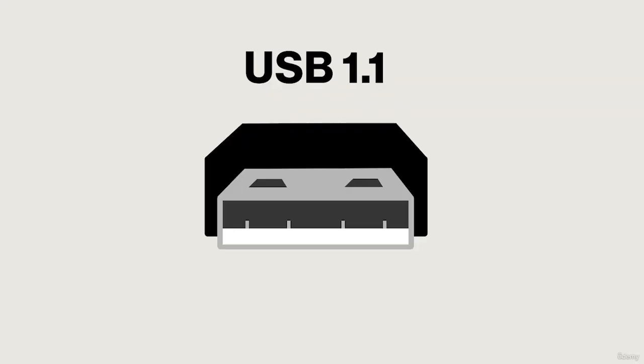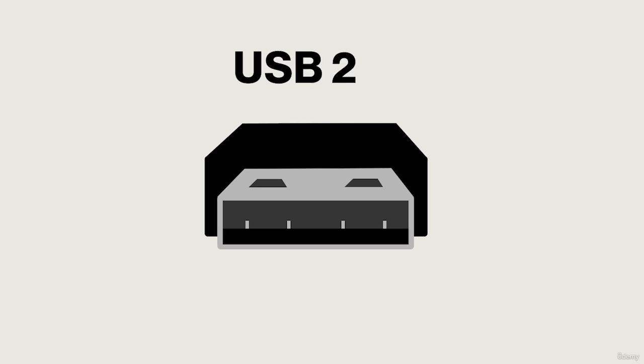So let's go through all of these different colors. First, if you ever see a USB port or a connector with a little bit of a white tab in here, in this particular example I'm using USB-A, that is probably going to be a USB 1.1 compatible port or connector. If you see one that's black, like this one right here, that's going to be USB 2.0 compatible.